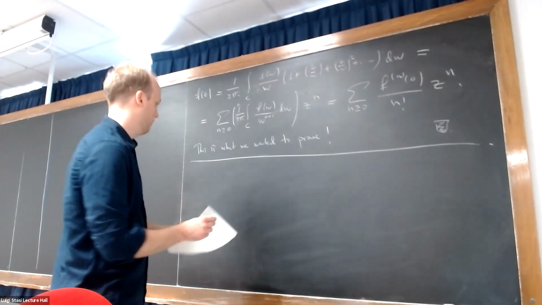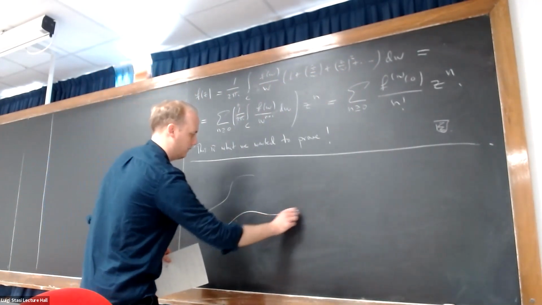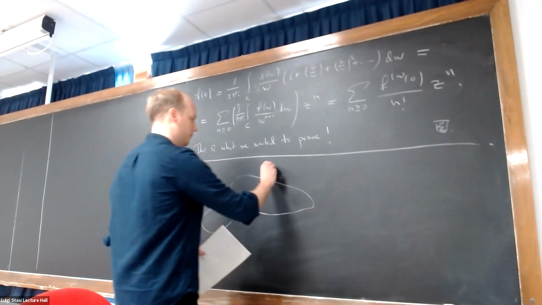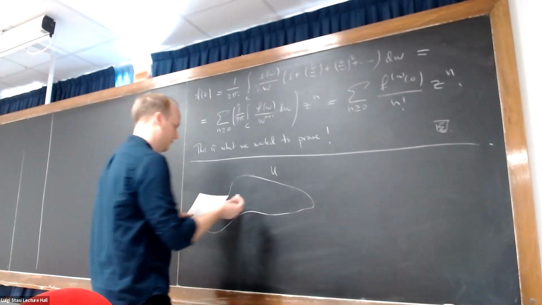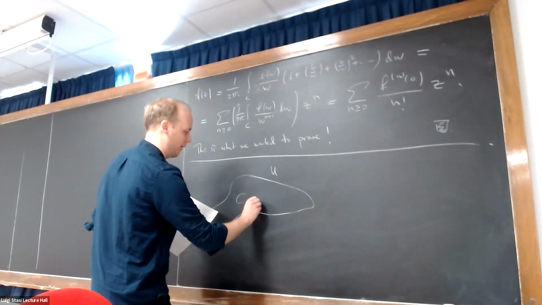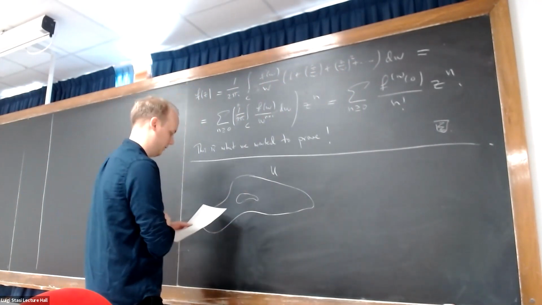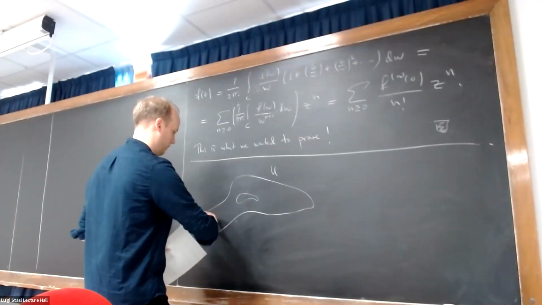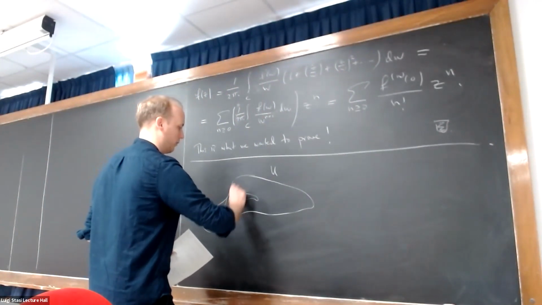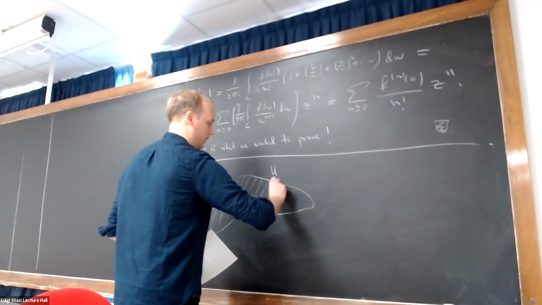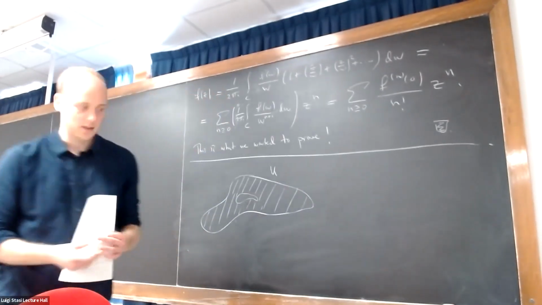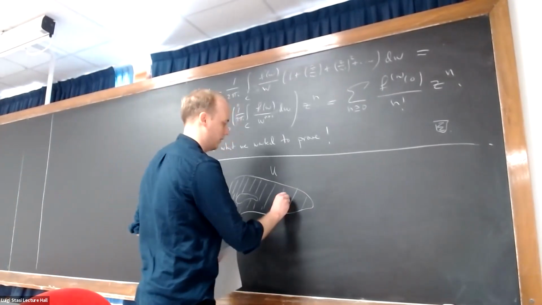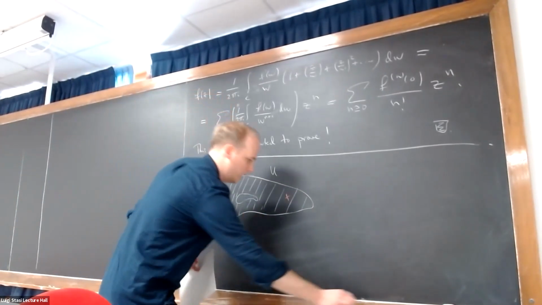Okay, so the picture is something like this. So this is U, and then maybe it has some part inside where the function is not holomorphic. So let's say that f is holomorphic on all of this, but not on this little hole. And maybe there is some singularity here or something.